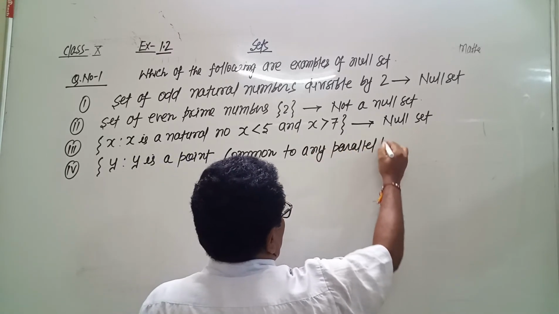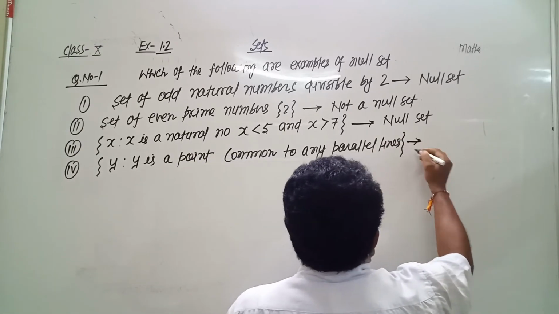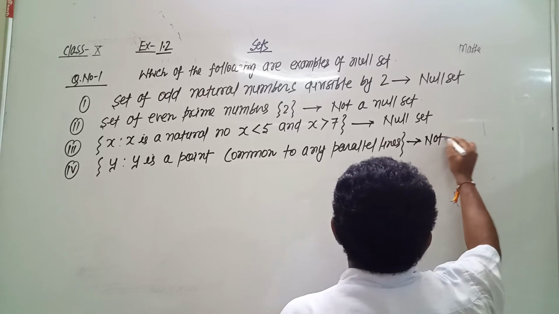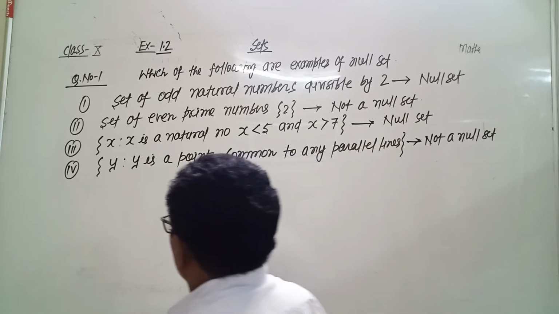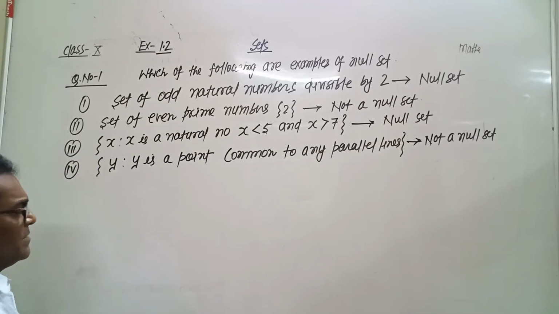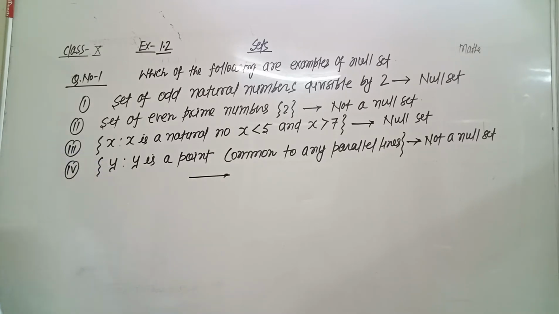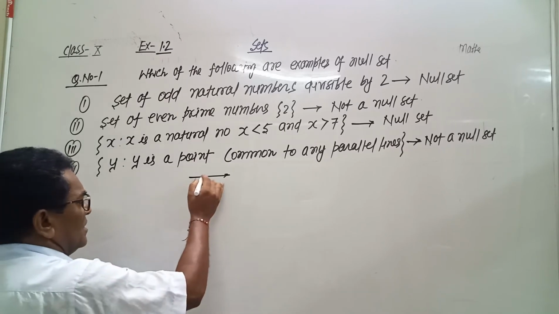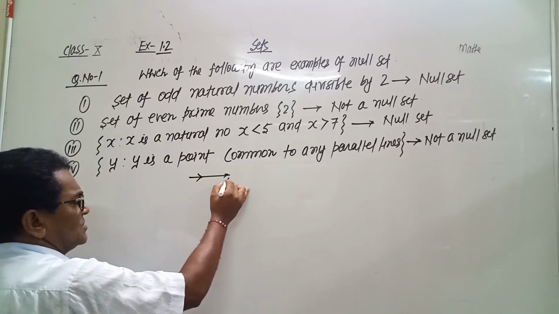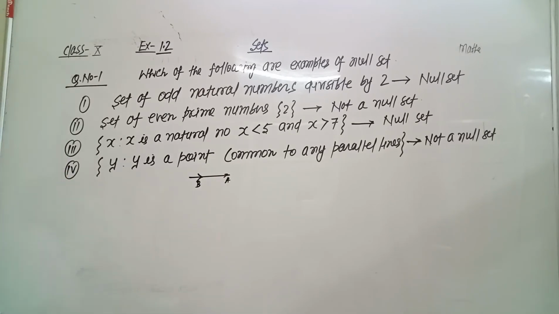If there are two parallel lines A and B, there are a lot of points common. So this is not a null set.